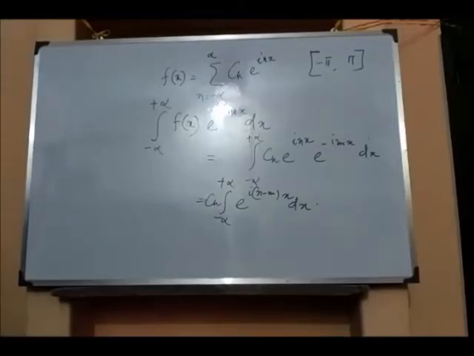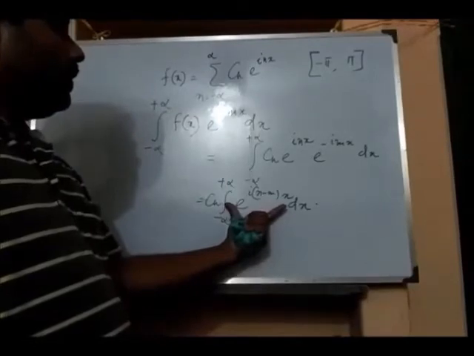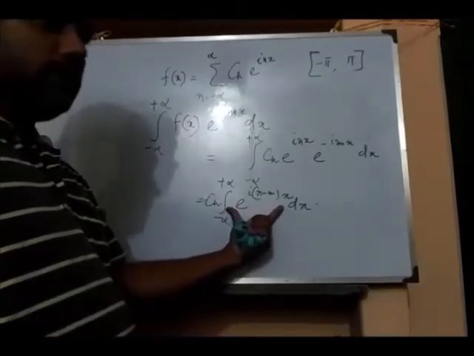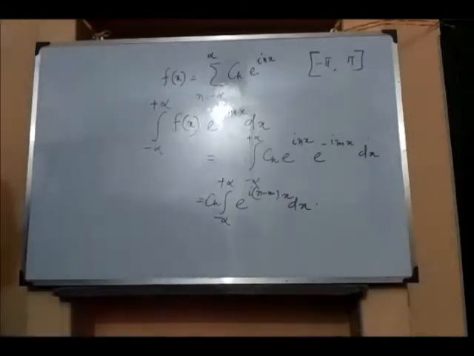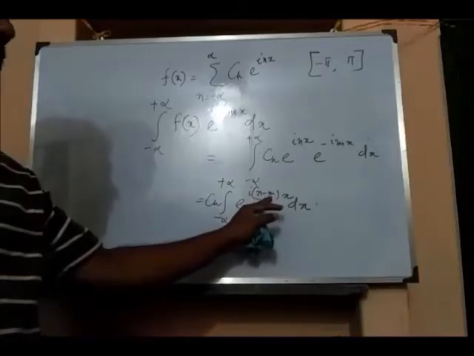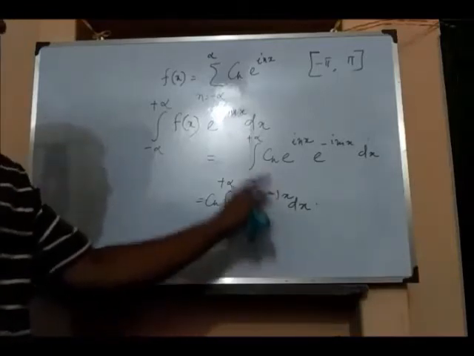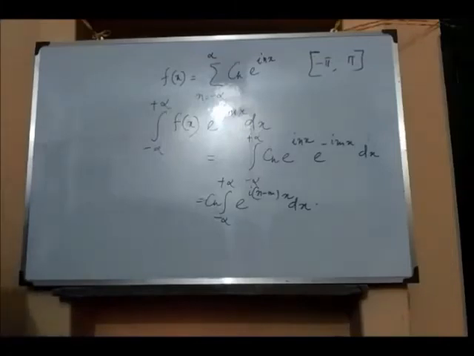We know that this function becomes a delta function, as it is an exponential function. So when n equals m, the function gives the maximum value, and otherwise it becomes 0.